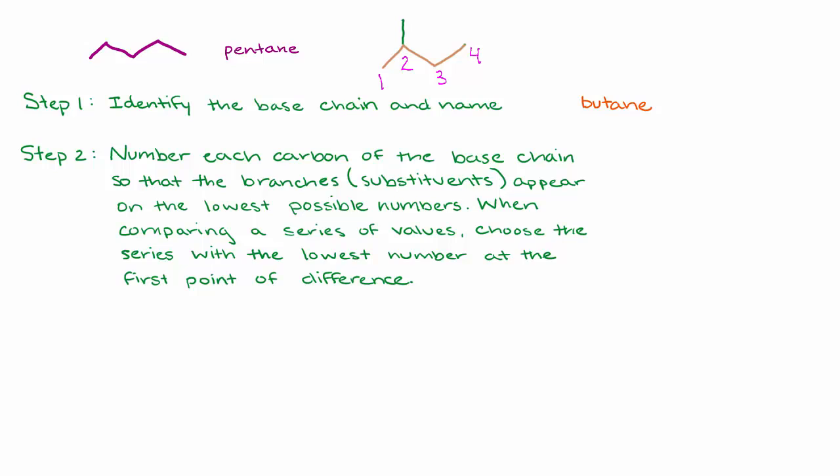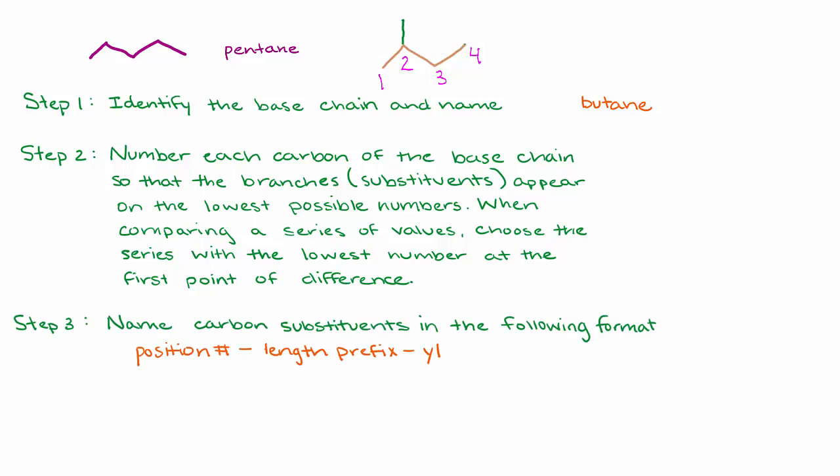Then I will repeat this process starting at the rightmost carbon and number across, 1, 2, 3, 4. I will then compare the values for the substituent represented here in green. It is attached at the second position if I count from left to right, and the third position if I count from right to left. I will choose the lower of the two options.